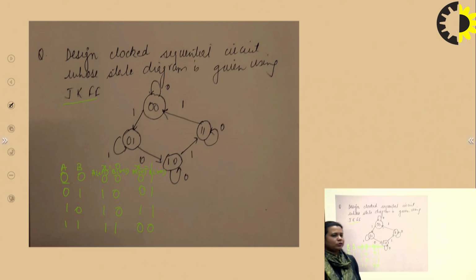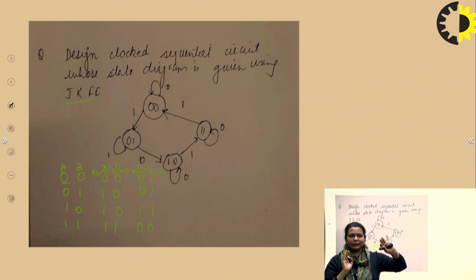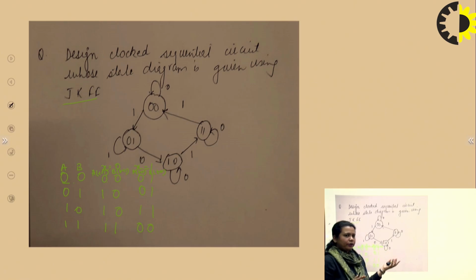And then what is the next step? You need to make the K-map, and after the K-map, you need to make a basic diagram for the JK flip-flop, and then whatever outputs you are getting from the K-map, you just feed your flip-flops with those, because those outputs are basically the inputs J and K for your flip-flops, right?